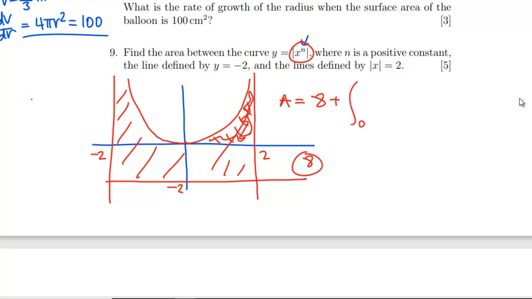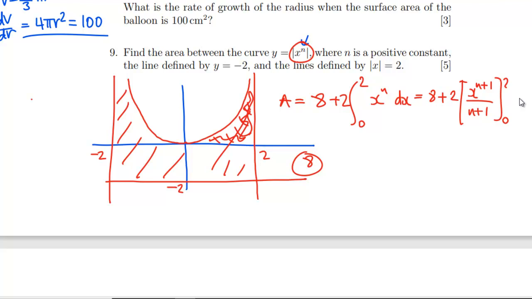So we want to integrate from 0 to 2 of x to the n dx, and we don't have to worry about modulus at all. So that is 8 plus 2 lots of, oh yeah, I missed the 2 out. 2 lots of x to the n plus 1 over n plus 1, from 0 to 2.